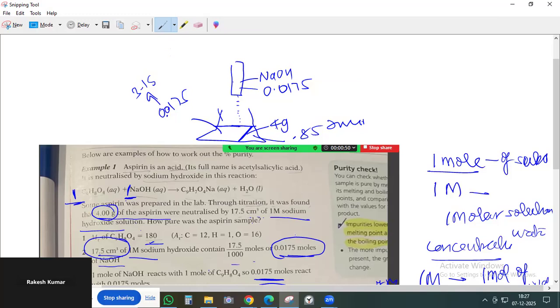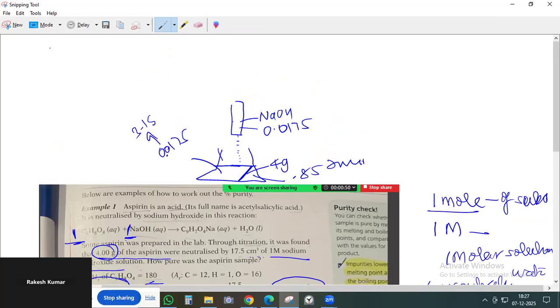So basically, you're given the volume and the molarity or concentration of NaOH. You come to know the moles of NaOH.